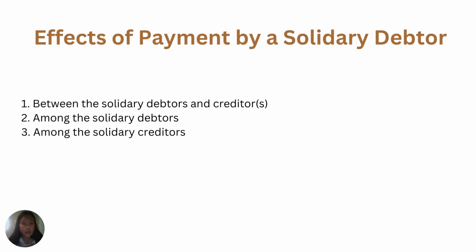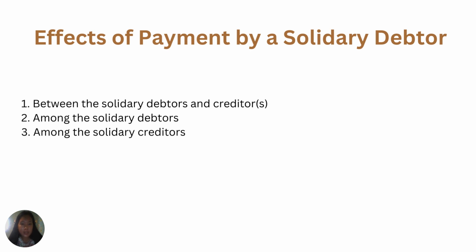So second, among the solidary debtors. After payment of the debt, the paying solidary debtor can demand reimbursement from his co-debtors for their proportionate shares with legal interest only from the time of payment. So the other debtors do not become, by virtue of such payment, solidary debtors of the debtor payer.